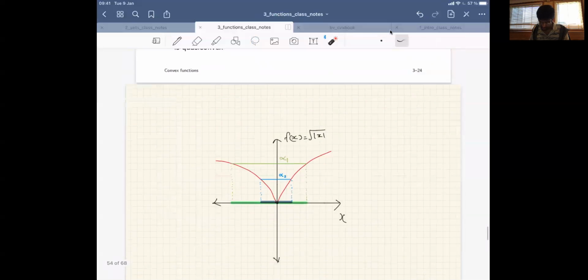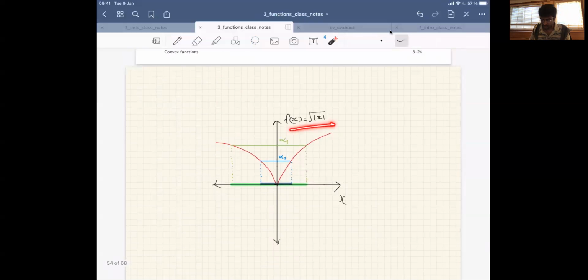So if you take another example, f of x is root of absolute value of x. Which will have a shape like this. Root x has a shape like this. So we cannot define that for minus x, right? So we just take absolute value. That will add a symmetric part here. So this is root of absolute value of x.